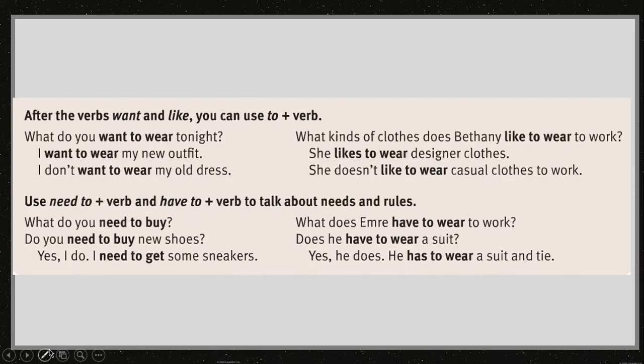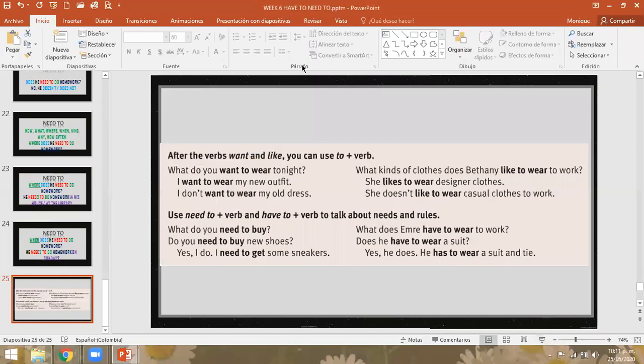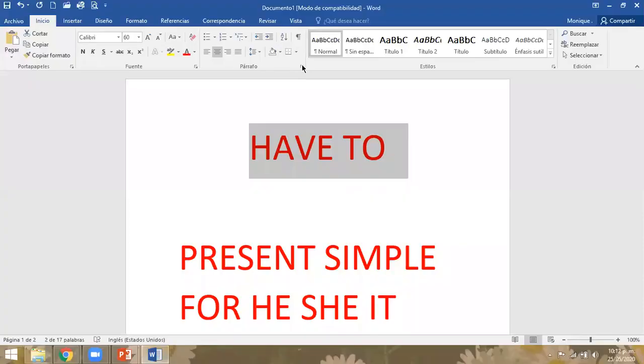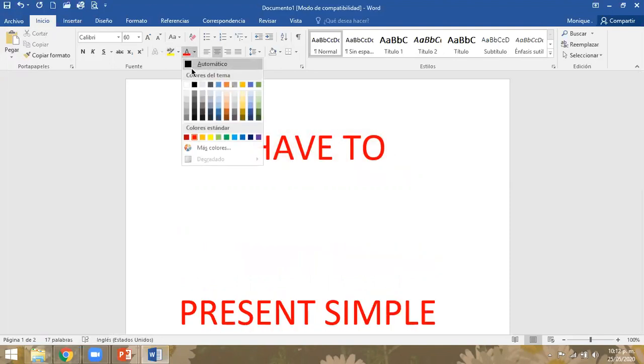So, I want you to see this part. Has. Why has? Okay, we are going to be explaining that part. So please remember this part. The verb have to is a verb that is irregular.